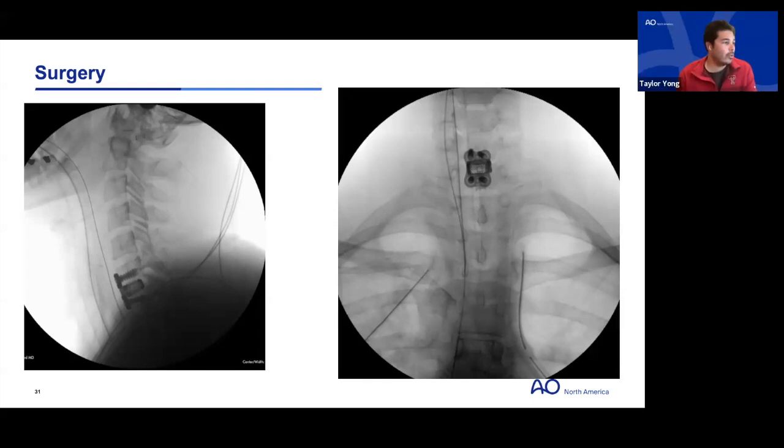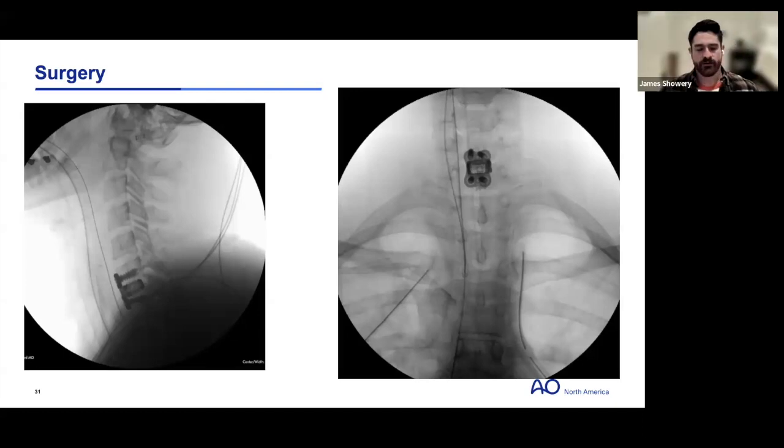Nice. Yeah, that's great. And then what about timing of reduction in cases like this one? Yeah, so in someone with a spinal cord injury, we know that early reduction and decompression within 24 hours of injury improves neurologic outcomes. There's some evidence to support ultra early decompression improving neurologic outcomes even in patients with complete spinal cord injuries.